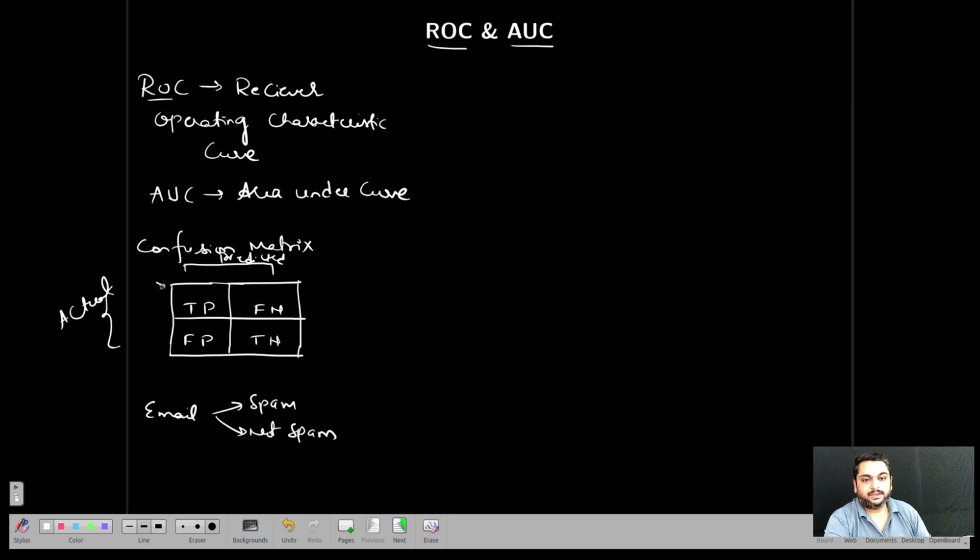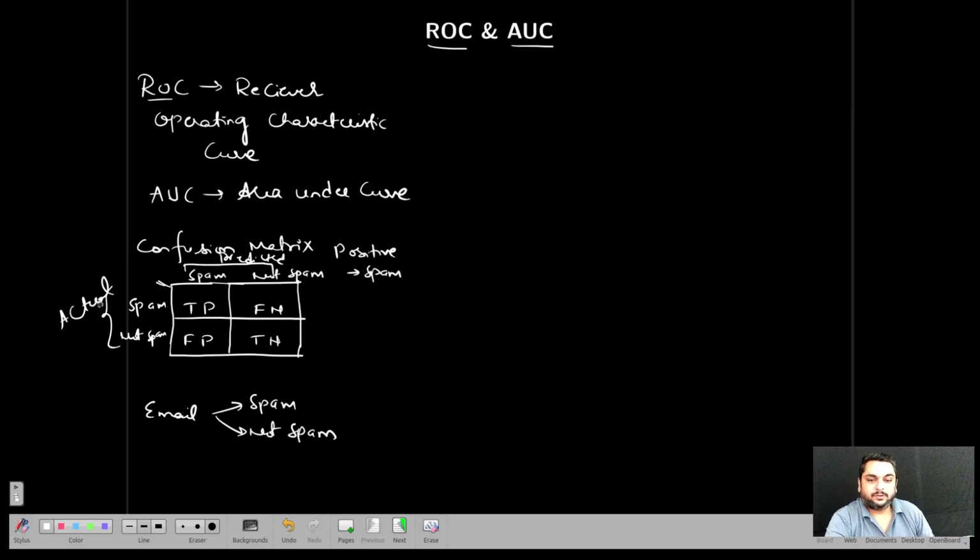So what does this actually mean? Let us write here, this is spam and not spam. Let us take positive as spam, that is, we are detecting whether the mail is spam or not. Spam means it's a positive classification.